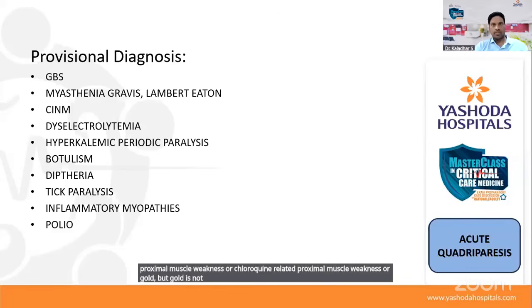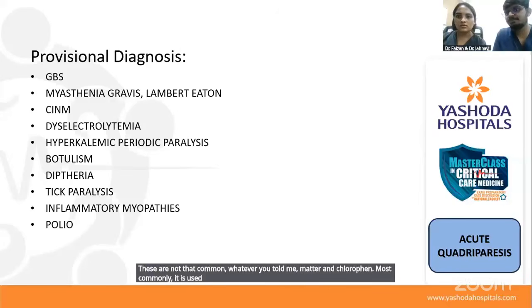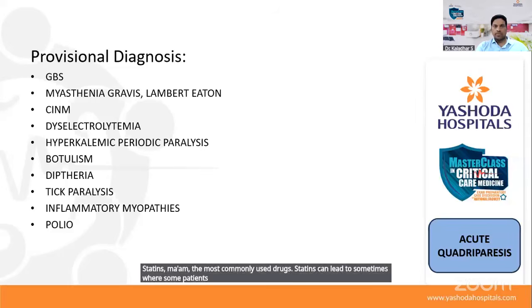These are not that common, whatever you told, amiodarone and chloroquine. Dapsone. Statins, no? The most commonly used are statins. Statins can sometimes lead to myopathy. We had some patients. Sometimes it can lead to severe myopathy.